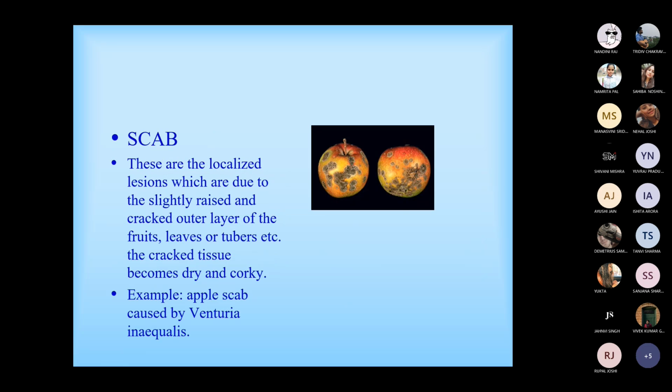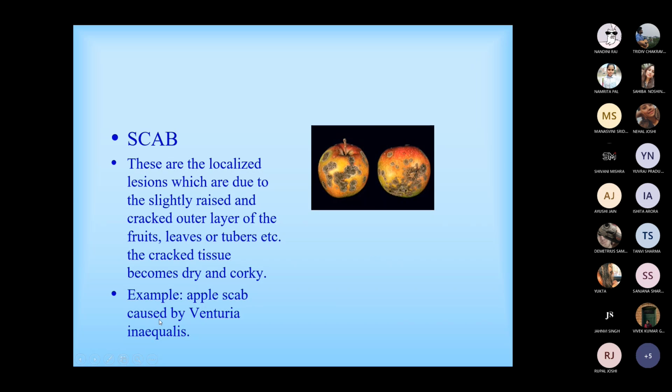Then we have scab. Again, apple scab or potato scab is a very common disease. These are localized lesions due to a slightly raised and cracked outer layer of the fruit, leaves or tubers, and the cracked tissue becomes dry and corky. So they give a very corky appearance to the apple.